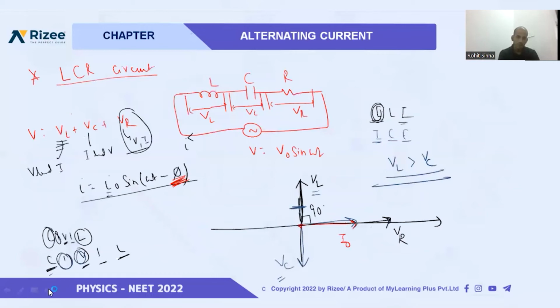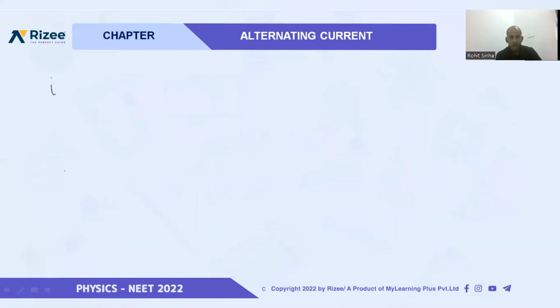Now we got the value of Z. What we'll do is write I is equal to V by Z. Earlier we assumed V is equal to V naught sine omega t. Now we represent I is equal to I naught sine of omega t minus phi. You remember this one?